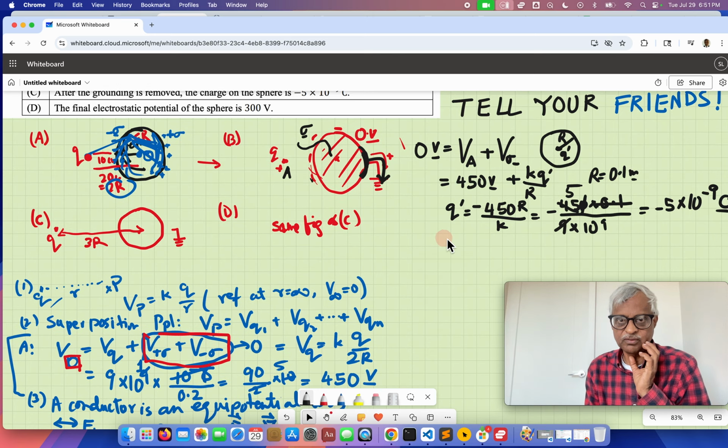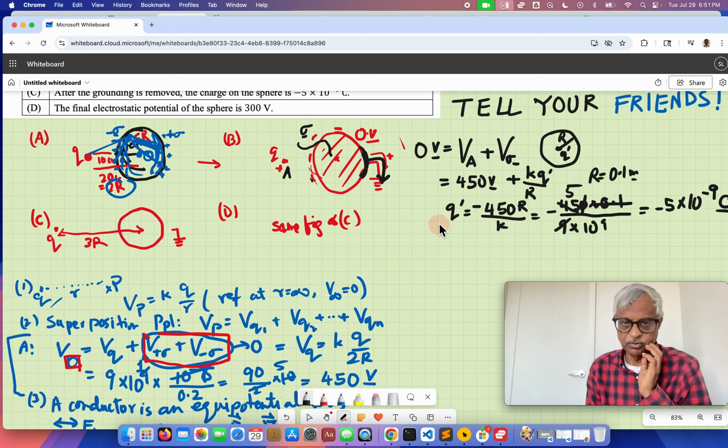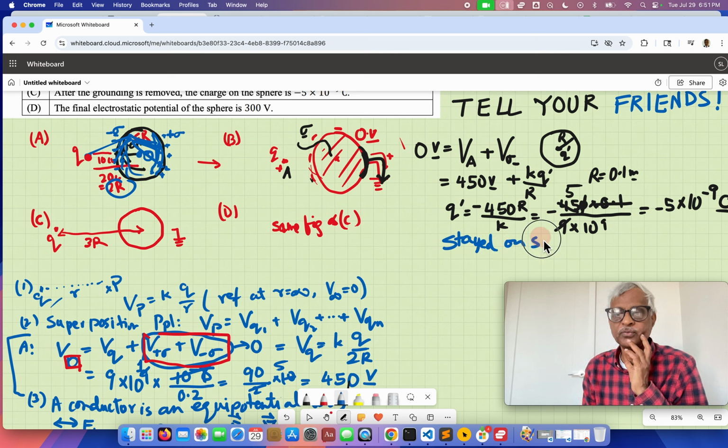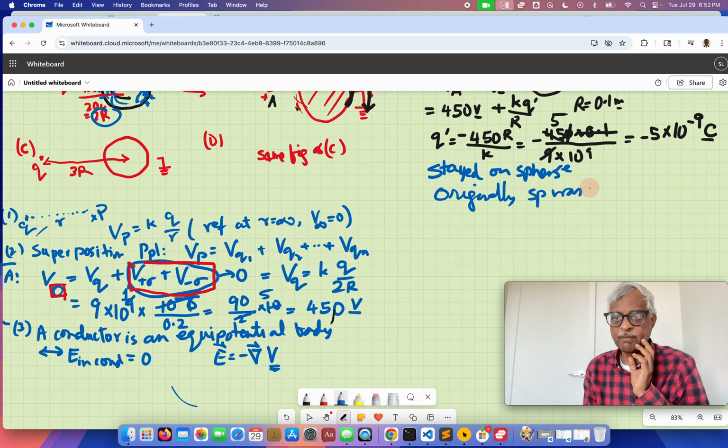This stayed, and what happened to the sphere? Originally the sphere was neutral. That means plus 5 times 10 to the minus 9 coulomb flowed into the ground.